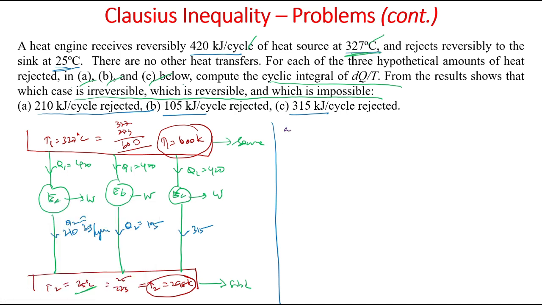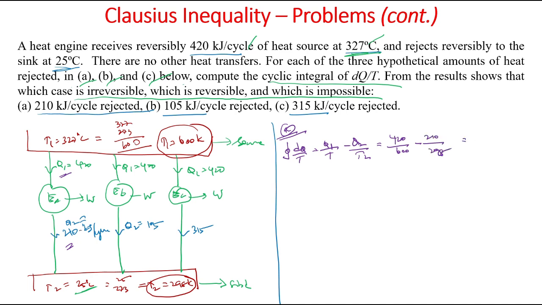So first we are discussing A. You already know that the cyclic integral of dQ by T is equal to Q1 by T1 minus Q2 by T2, because Q2 is a heat rejection and Q1 is a heat addition. So finally we get a value that is 420 divided by 600 minus 210 divided by 298.